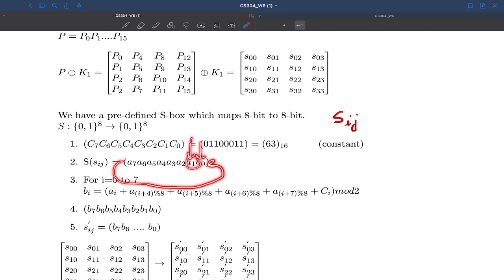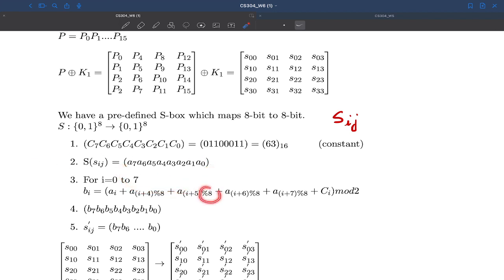So a1 is at distance 4 from a5. Because after a7 there is no bit in the left direction, we have to consider a circular arrangement of these bits. After a7 just go back to the first index and keep going.